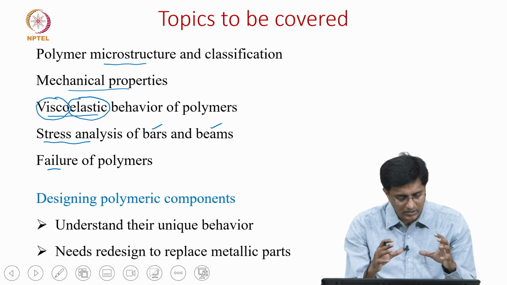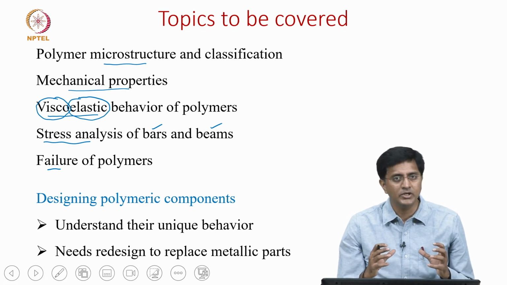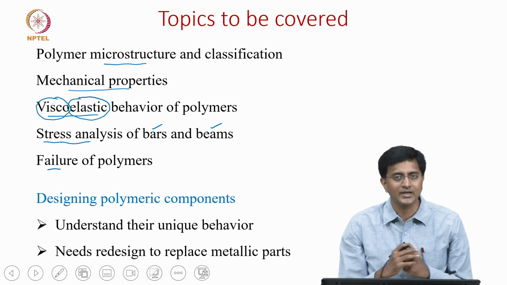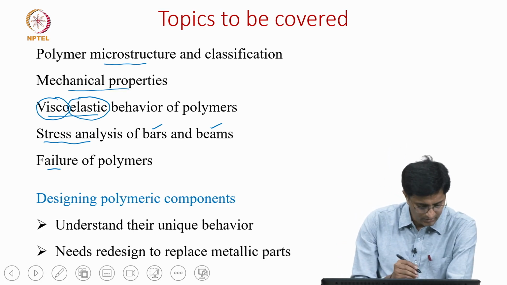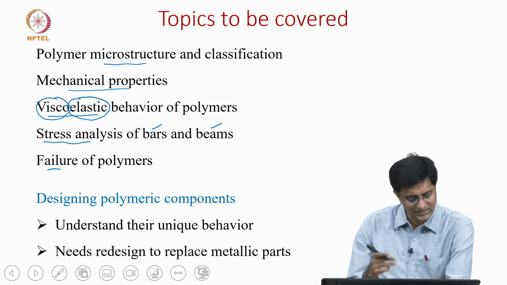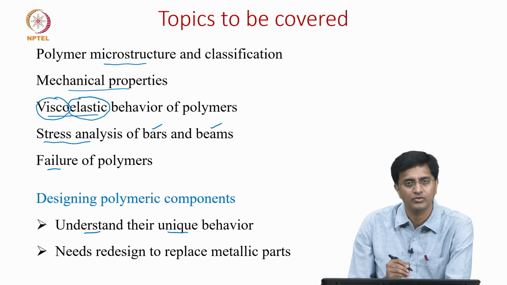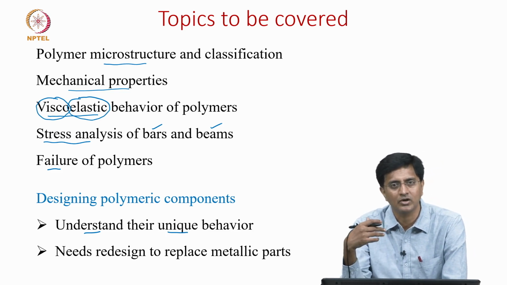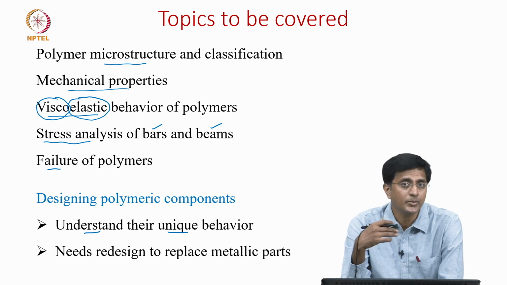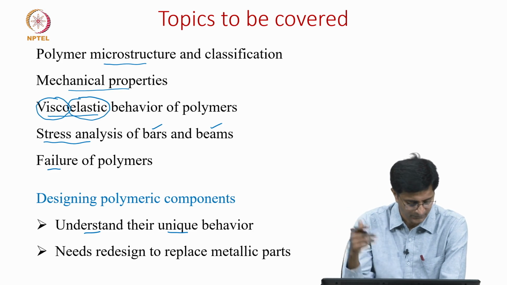So, once we cover all these topics, the aim is that we should be in a position to design and analyze polymeric components. As I mentioned, this process of designing and analysis is possible once we understand the unique behavior of polymers. Again, I am emphasizing that polymers behave very differently from other materials.